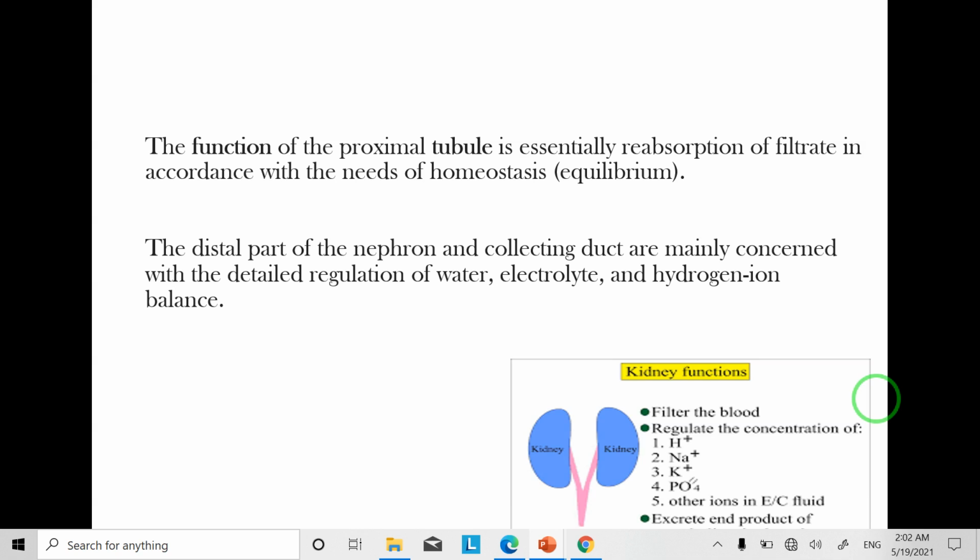So in the proximal tubule, the bulk of the important and valuable substances are returned back to the circulation by the process of reabsorption.